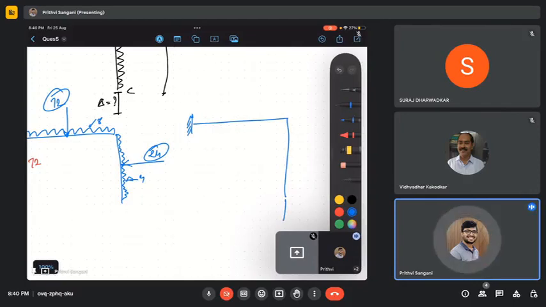We know that it will be deflecting downwards, but let me just apply a unit load upwards and see what happens. Obviously we'll get an answer in terms of negative values.